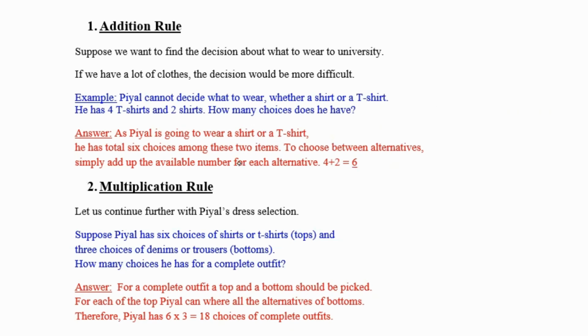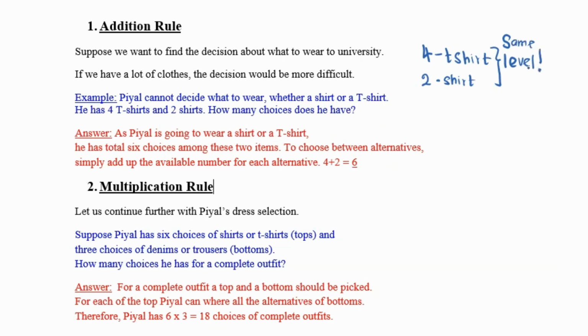Consider this example. It says Pia cannot decide what to wear, whether it's a t-shirt or a shirt. He has 4 t-shirts and 2 shirts. Now can you see that both of these are on the same level?